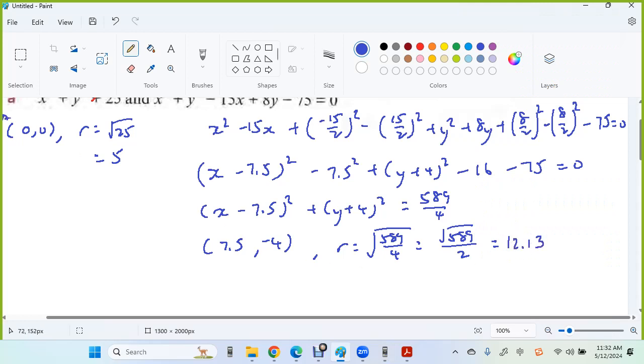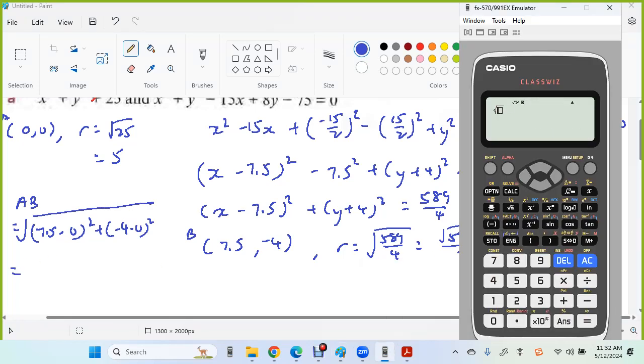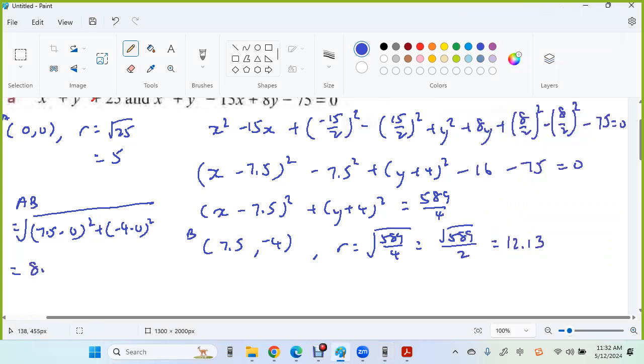So let's say this is A, this is B. The distance AB will be the square root of (7.5 minus 0) squared plus (negative 4 minus 0) squared. So we have the square root of 7.5 squared plus 4 squared, then we have 8.5. So the distance of AB is 8.5.